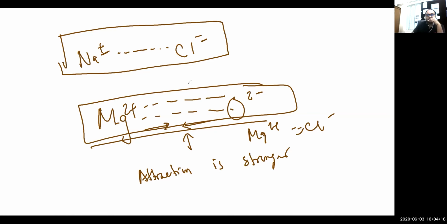Number 2 point is ionic compounds are soluble in water.